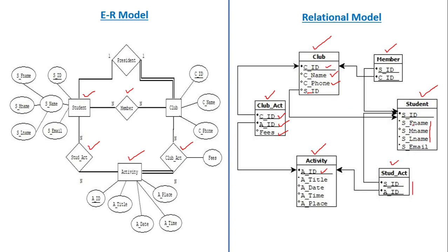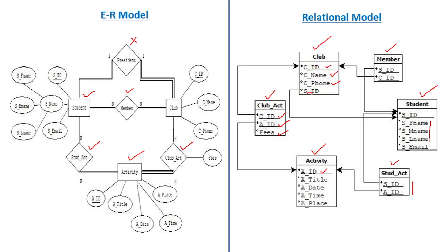So the student ID is added into the club relation, and the reason is that club is participating totally in this president relationship. So there is no need to create a separate table for president; instead we add the primary key of the student table into club. This will help us identify who is the president of that club.